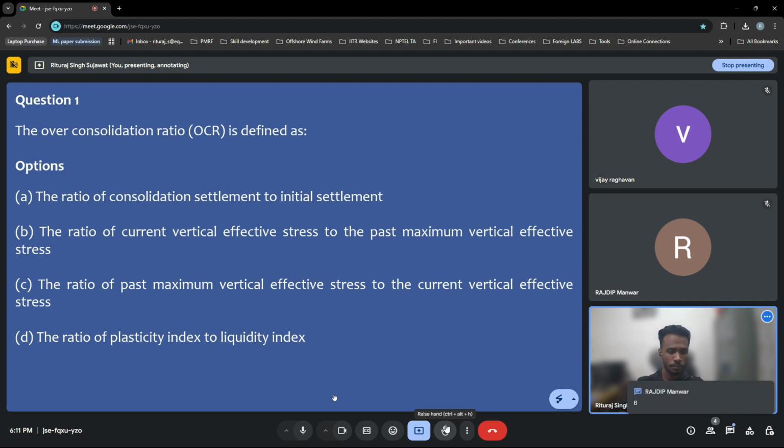Yeah, so you can verify your answer once again, and then let's check that. How do you define the overconsolidation ratio?